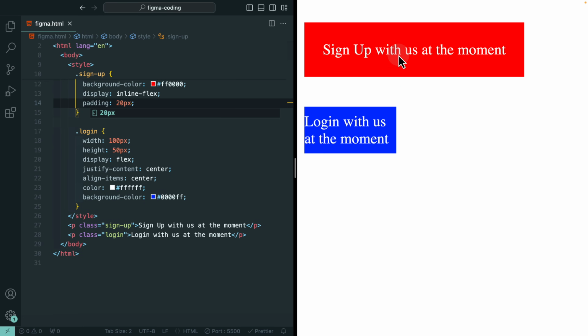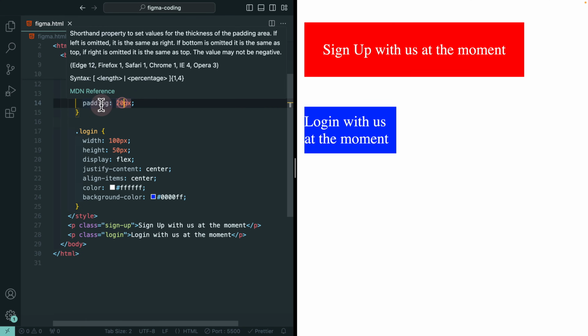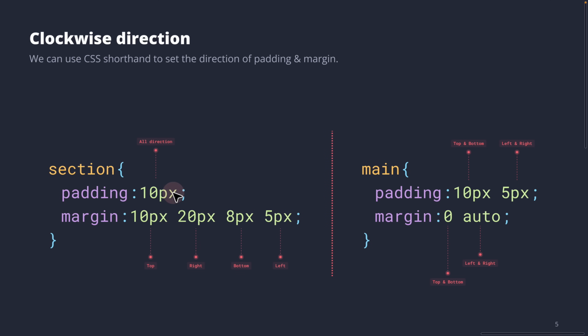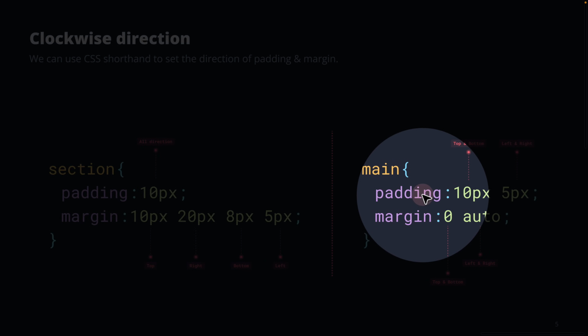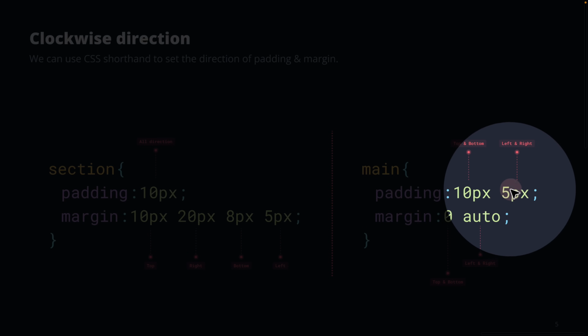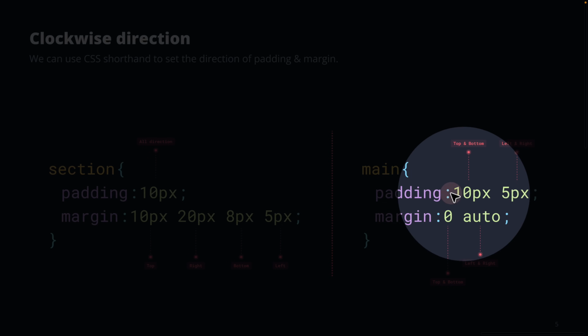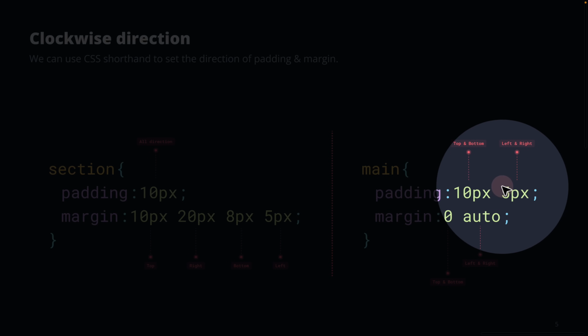So how do I apply things to the top and bottom, left and right, without actually defining each of them one by one? All I have to do is give them a shorthand version. So if your padding only has 2 values with a space, here we have our property padding and we give it a value of 10 pixels, and then we add a space and we give it another value of 5 pixels. This would automatically tell CSS to apply 10 pixels at top and bottom and apply 5 pixels to left and right.